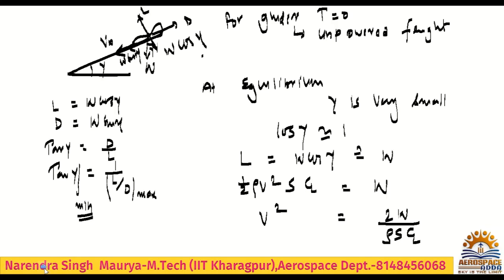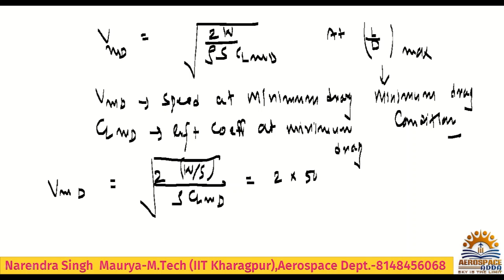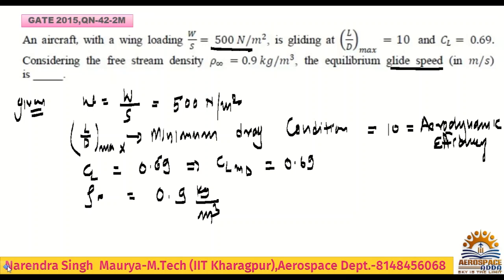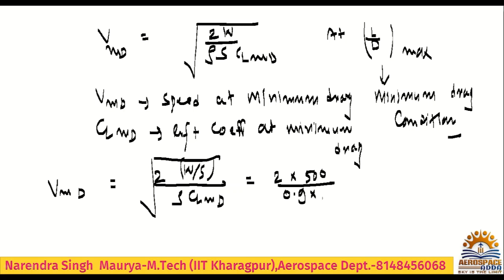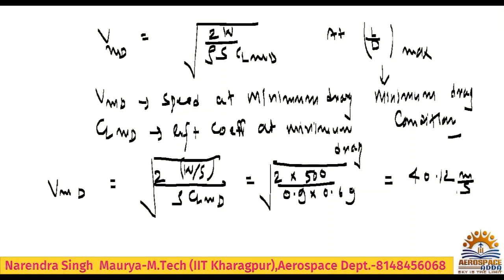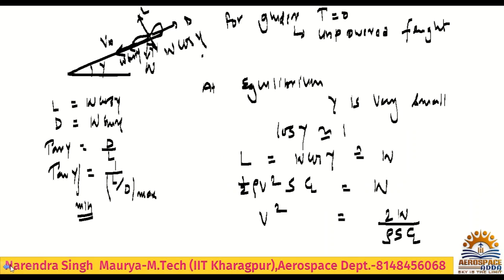So I'll write all the values: 500, rho is 0.9, and C_L is 0.69. If you calculate, 2 into 500 divided by 0.9 into 0.69, it is 40.12 meter per second.